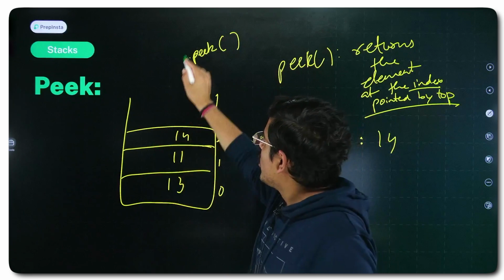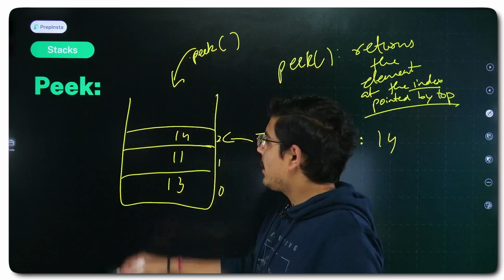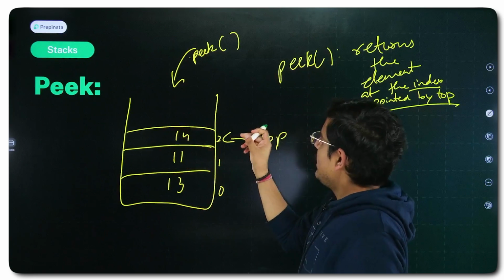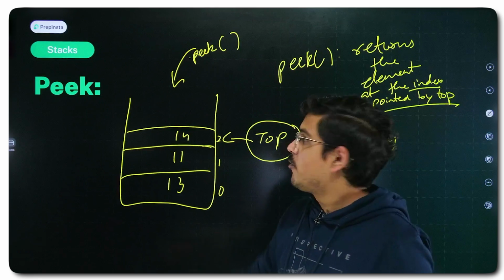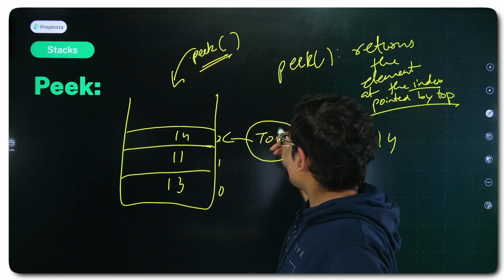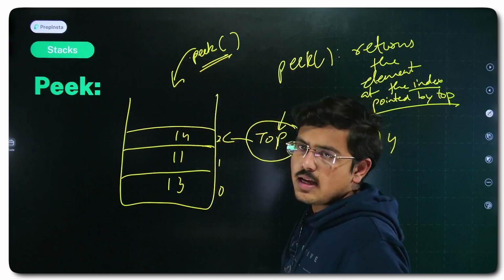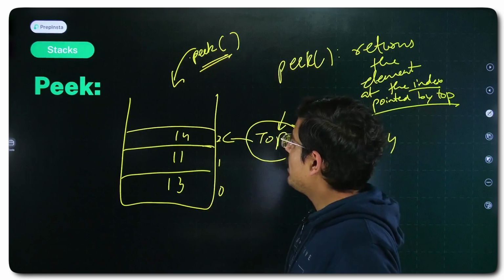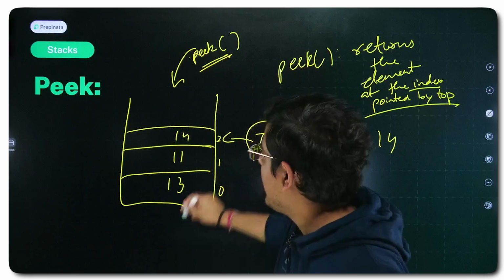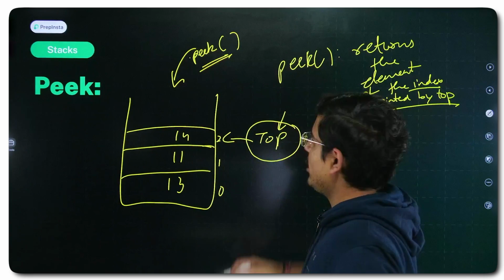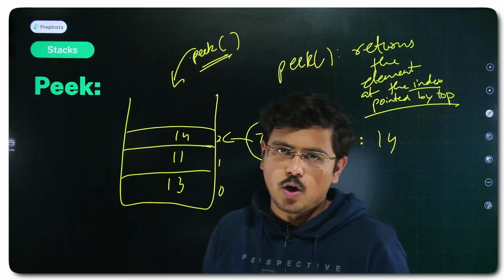So it is looking from the top, and it checks what is pointed out by top. For peek function, this top pointer is its eyes. Through this top, it checks which exact element is on the top of the stack and it returns the value of that element which is present on the top.